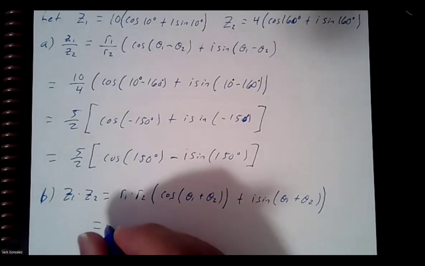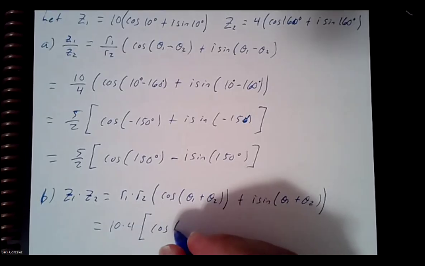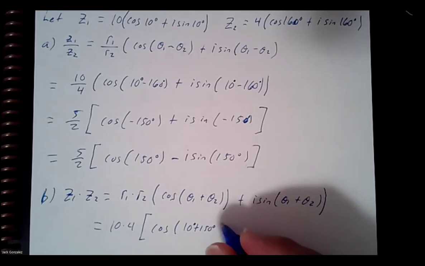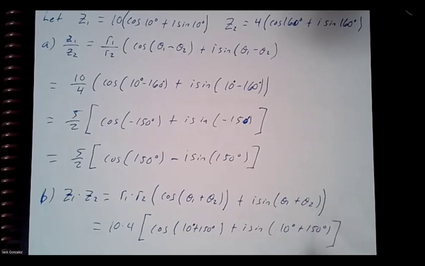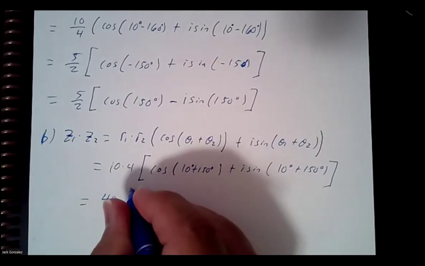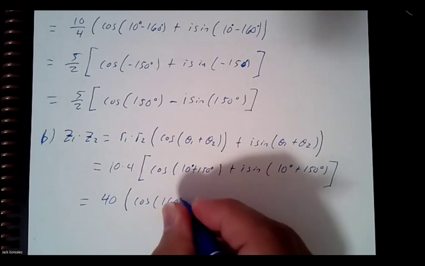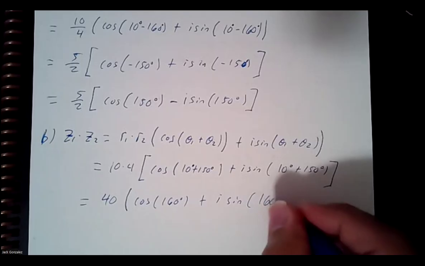Okay, so that'll be 10 times 4. Right, let's do a bracket this time. Cosine of 10 plus 150 plus I sine of 10 degrees plus 150 degrees, giving us 40 cosine of 160 plus I sine 160.